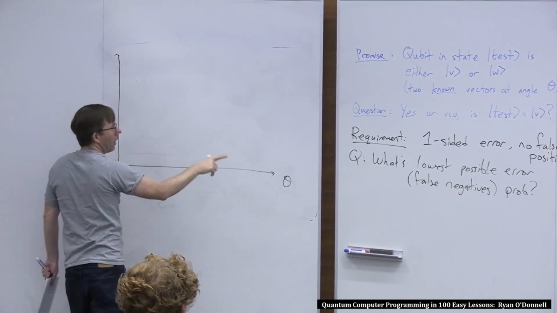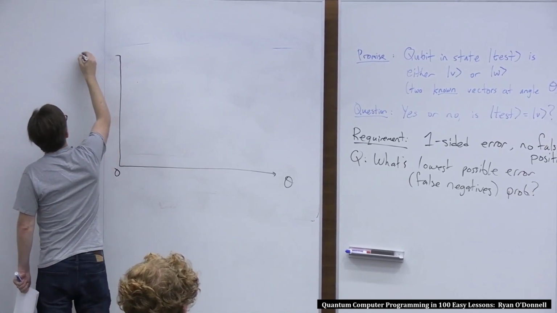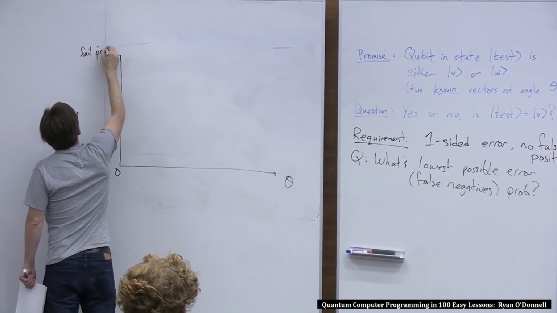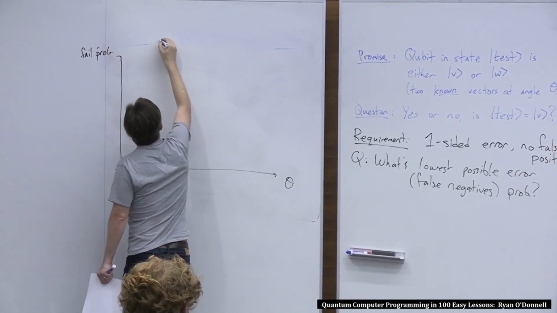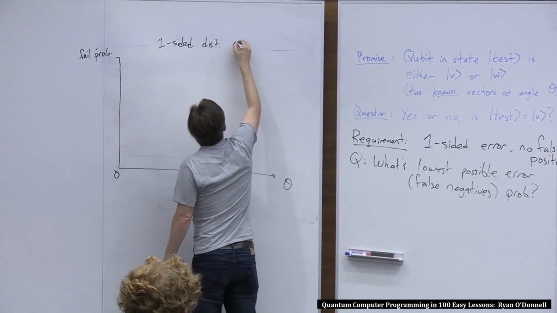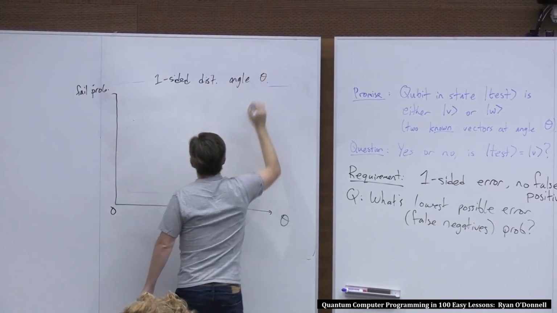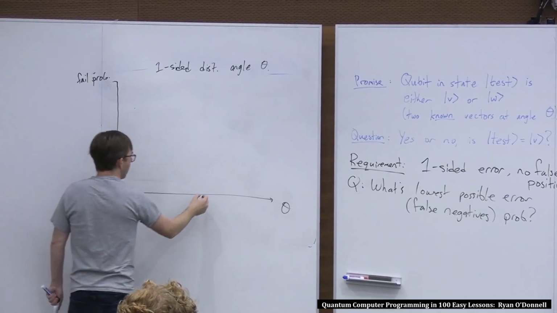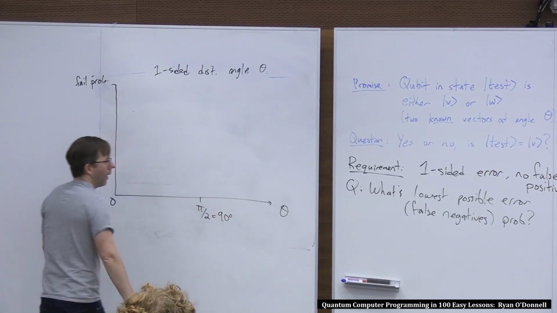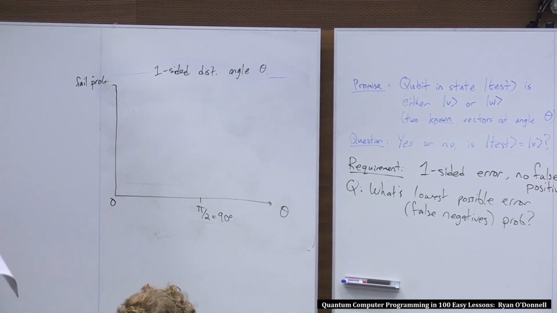And this we'll call the failure probability axis. This is for one-sided distinguishing with angle theta. Let's have theta go from 0 up to pi over 2, which is 90 degrees. And we'll just plot cosine theta squared.